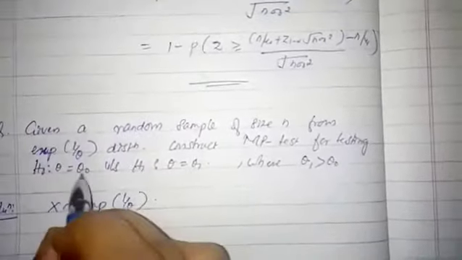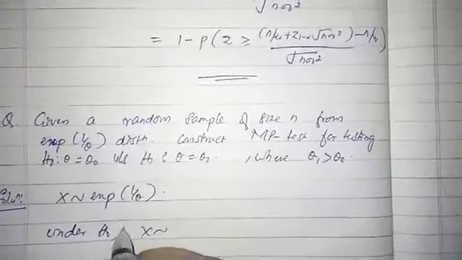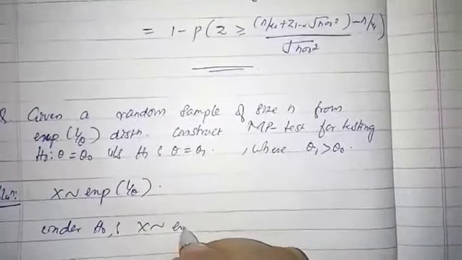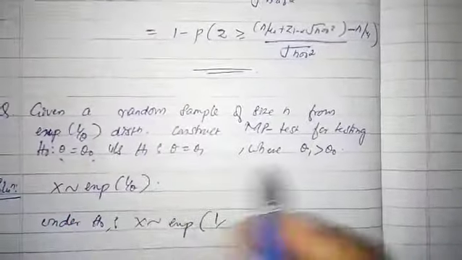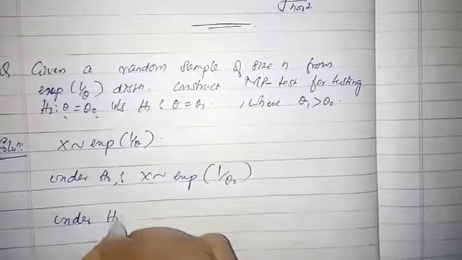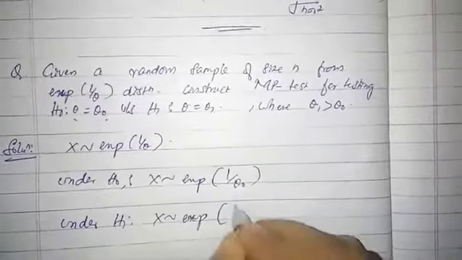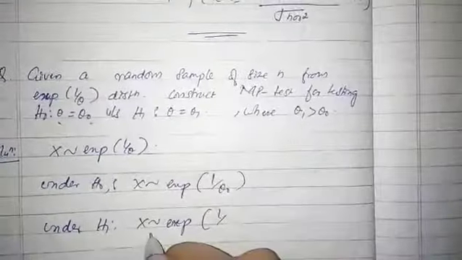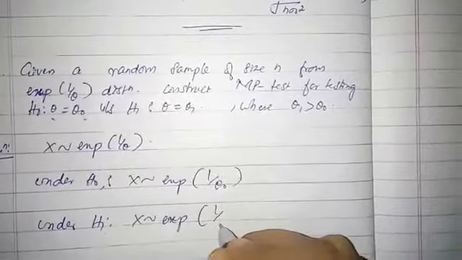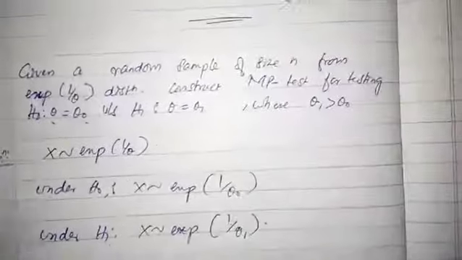Under H0, theta equal to theta naught, so x follows exponential with 1 by theta naught. Under H1, theta equal to theta 1, so x follows exponential with 1 by theta 1.